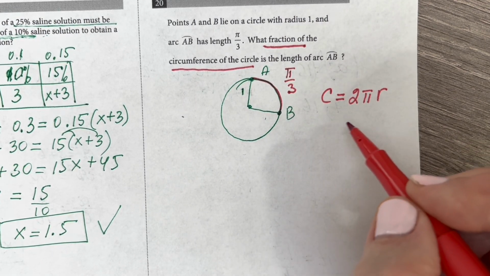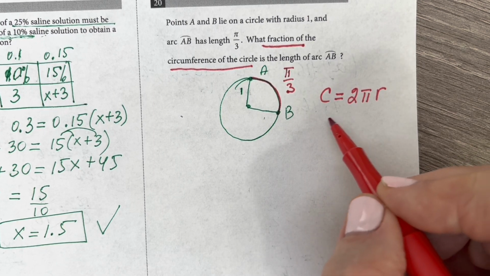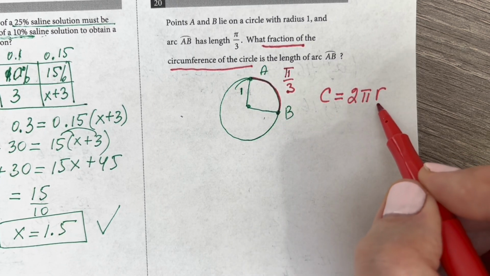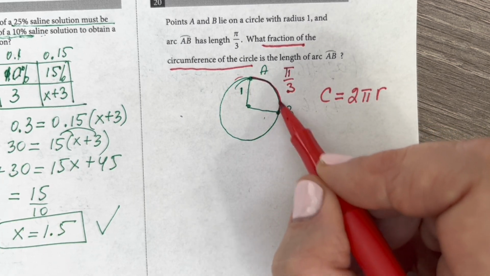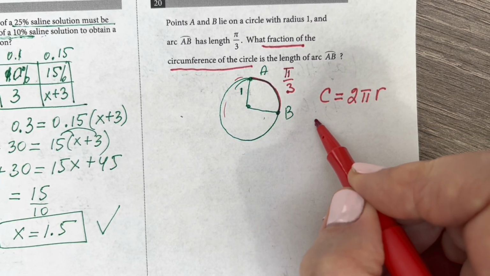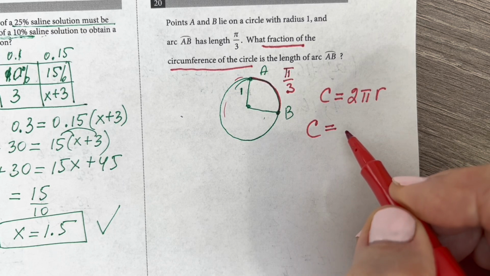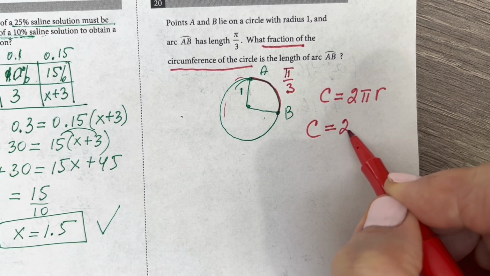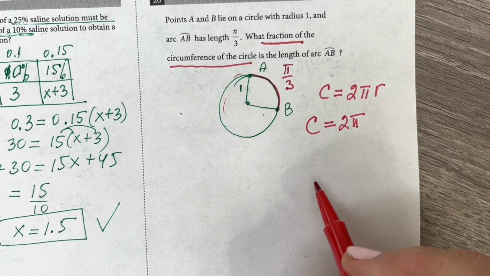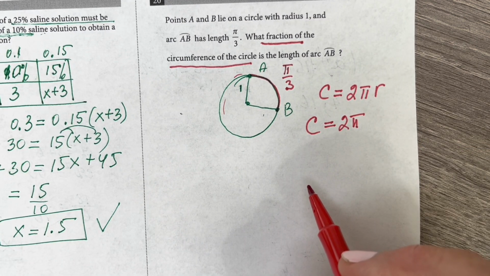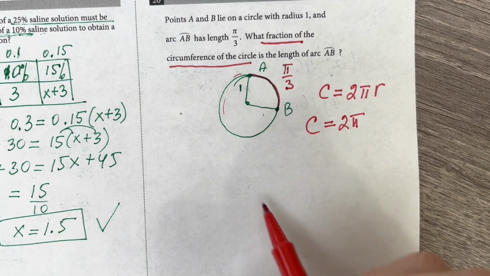Don't forget to look it up if you forgot it. So in our case, with radius of 1, the circumference of our circle equals 2 pi, because r equals 1. And now we need to find the fraction.